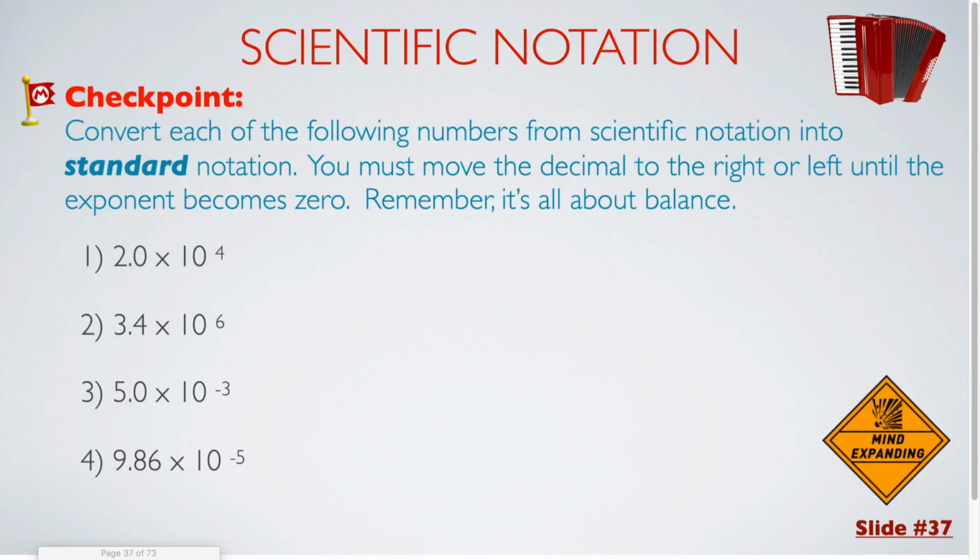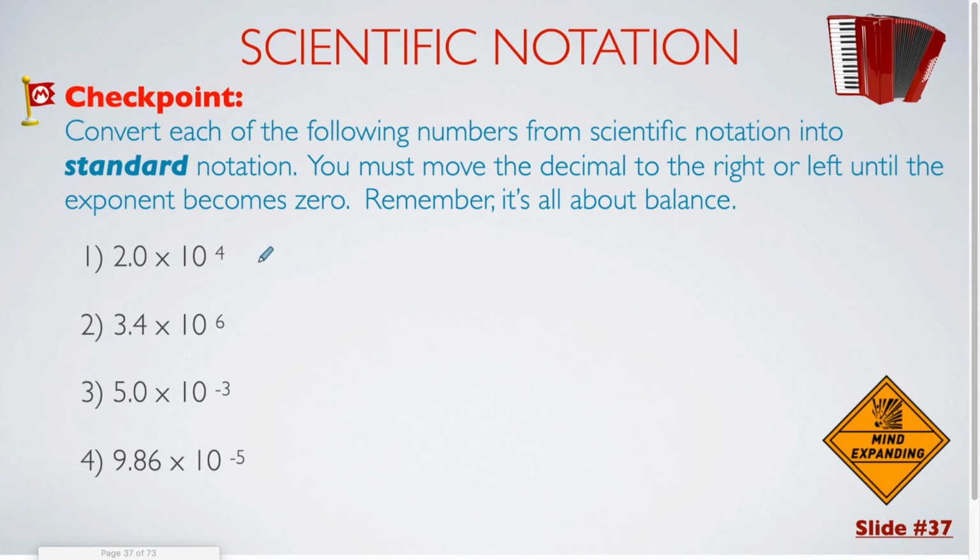All right, so there may be times when you are given scientific notation, or maybe you calculate scientific notation, but you need to see that number in standard notation, or what you would consider a typical number. We can fix that by just sliding our decimal to the left or right until the exponent becomes 0. So again, knowing that idea or concept of balance will really help you with these.